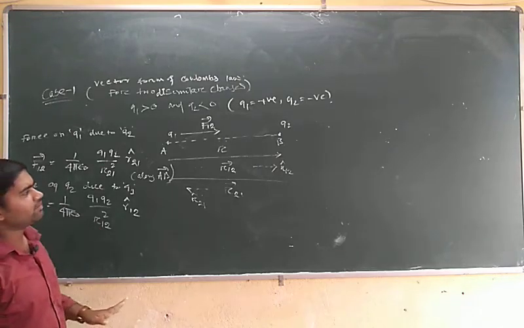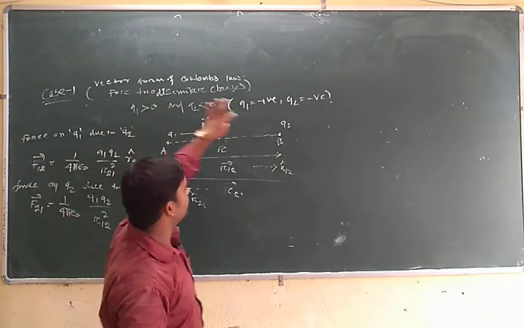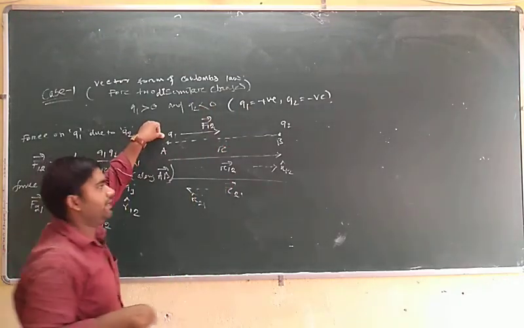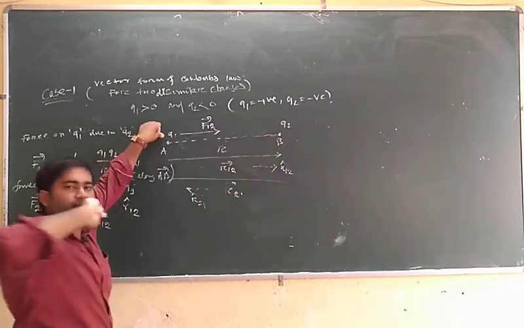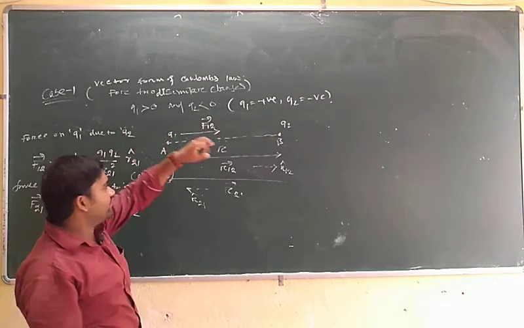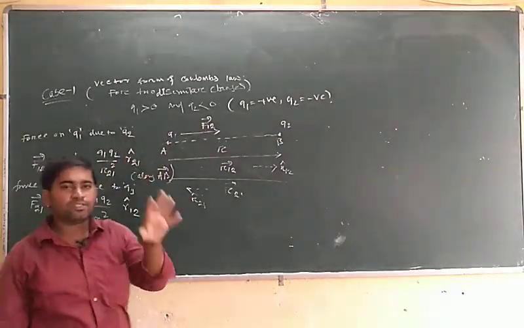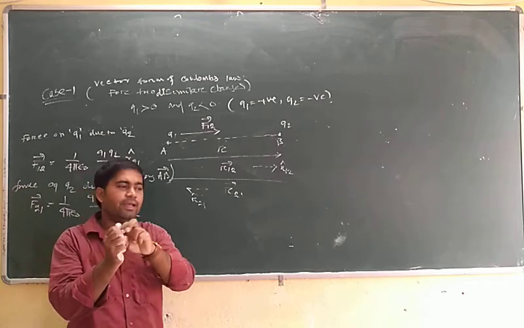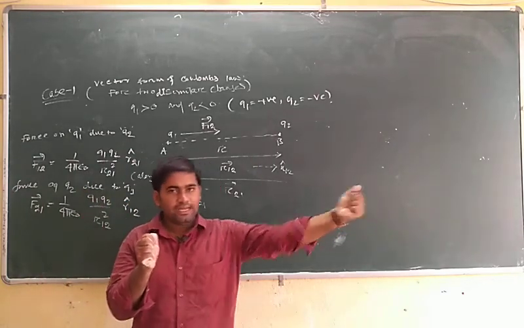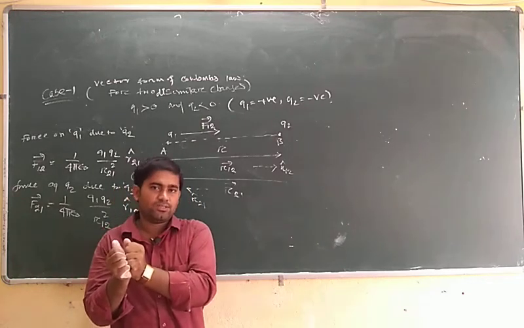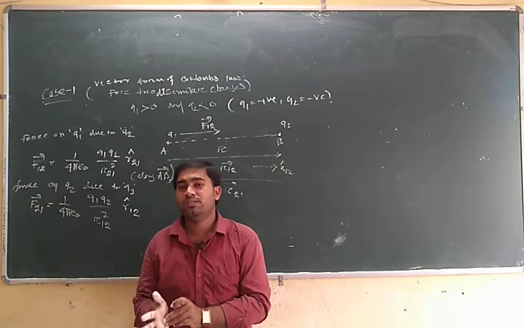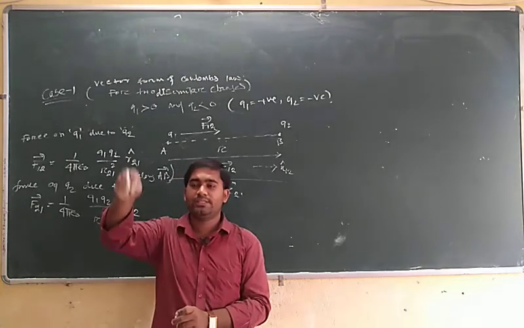Here the action starts from the positive and ends at the negative. When a positive charge acts on a negative charge, the negative charge is attracted towards that positive charge. The attraction or the repulsion always depends upon the charge from which we start the action.